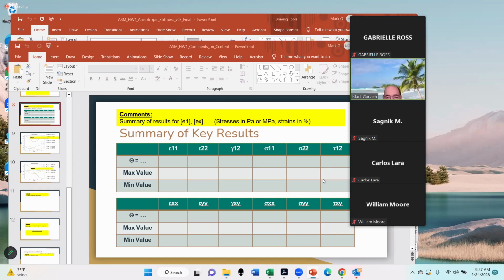Can we attach our Excel file in the submission? Yes, you have to. We discussed that you include a print screen of your Excel file in your presentation, and if you want, you can include the original Excel. Usually what I do is compare your predictions with my answers.